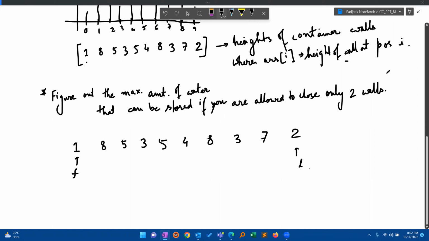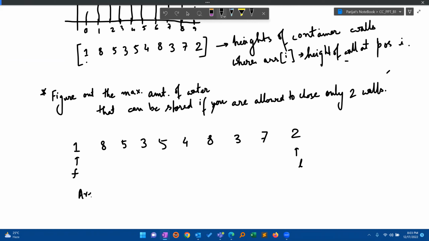Let's take this approach itself. We are starting with two pointers, one from the beginning, one from the end. What is the bottleneck that determines the area between the two pointers? What is the area first of all? The area or the amount of water that you can store? The area is the minimum wall height among the two elements into the distance between them.